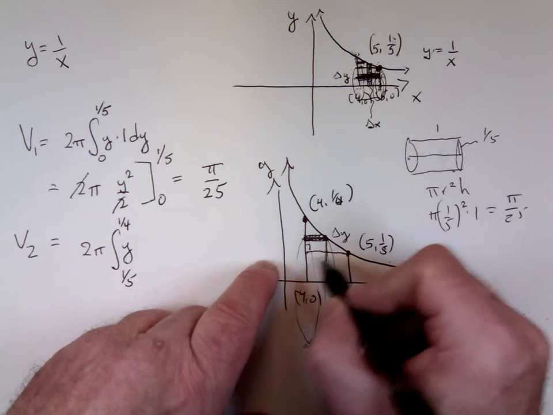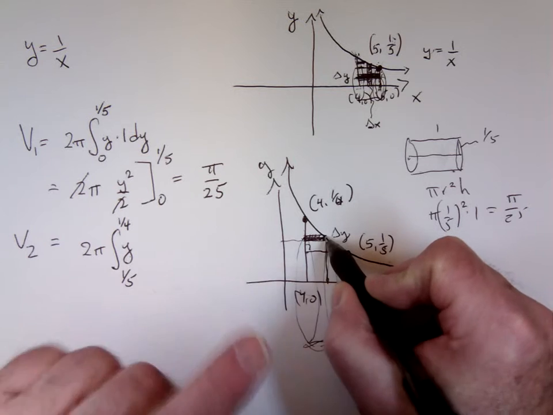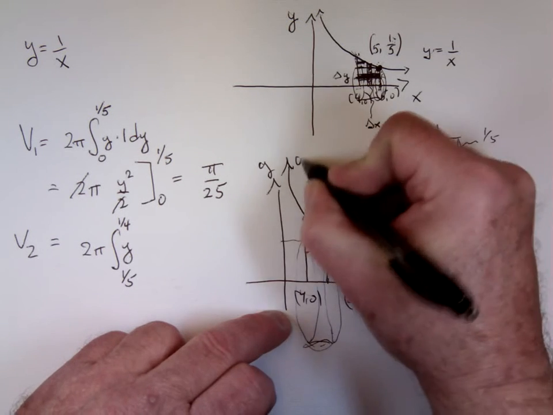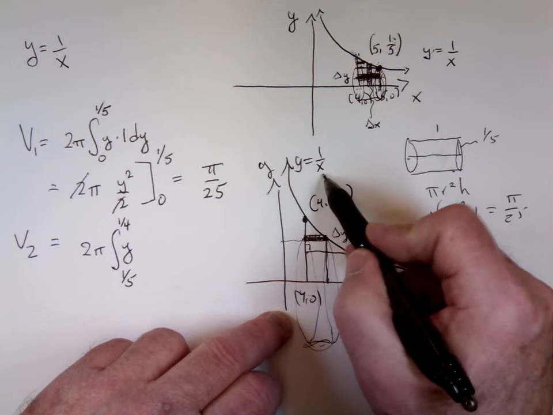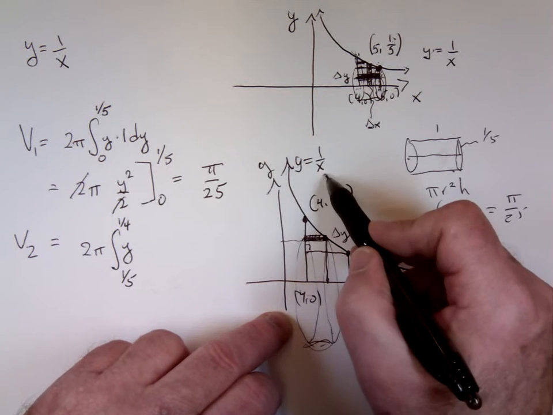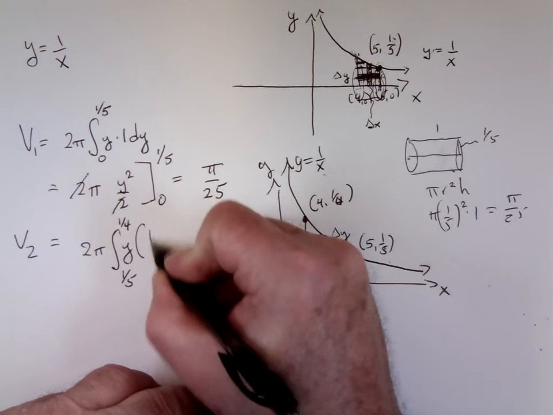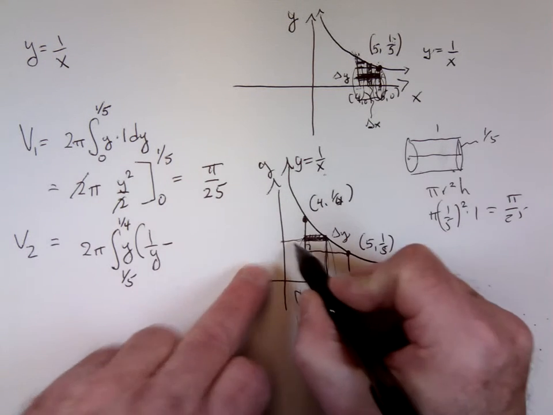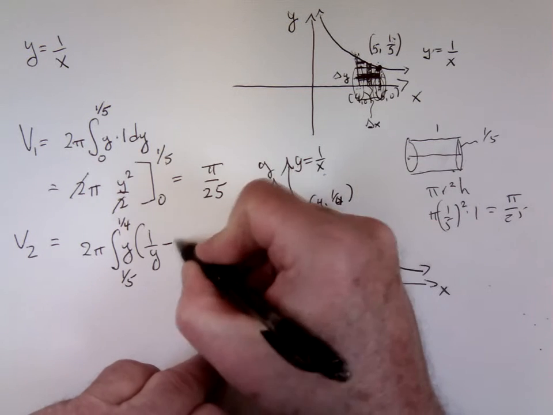All right, well, let's see. It's this distance from the y-axis, which is x. I agree. But what's x equal to? You've got to get it in terms of y. So solve for x, which is equal to 1 over y. It's equal to this x minus this distance, which is equal to 4.